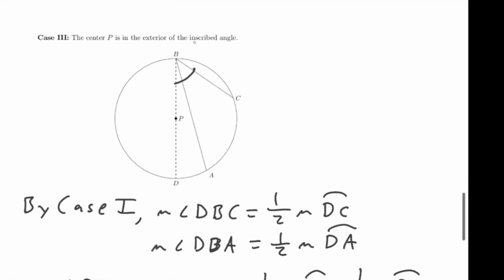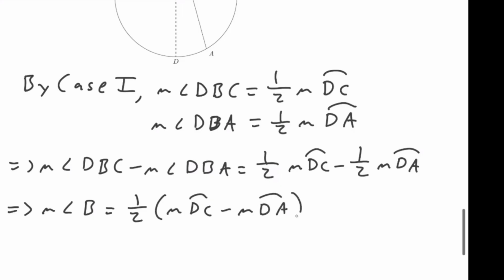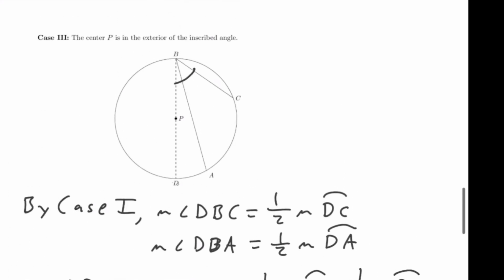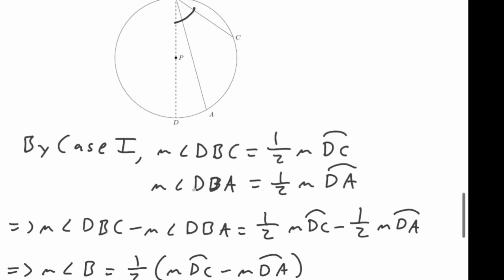DBC minus DBA is just ABC, or angle B. So the measure of angle B is equal to 1/2, and we can factor that out, the measure of arc DC minus the measure of arc DA. And arc DC minus DA is arc AC, so the measure of angle B is equal to 1/2 the measure of arc AC.